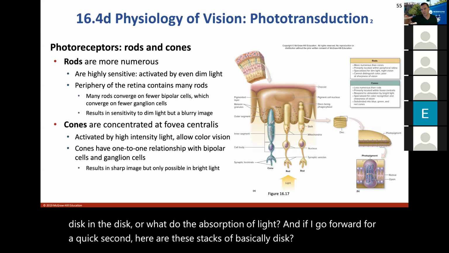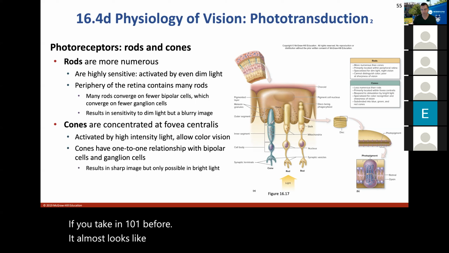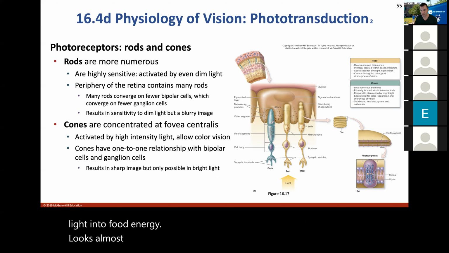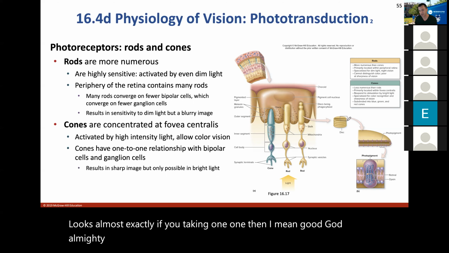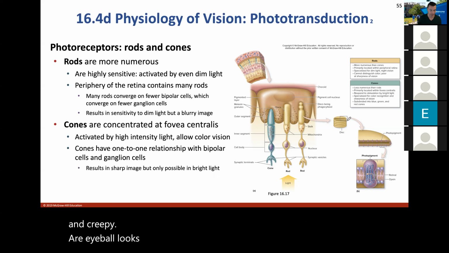If you've taken 101 before, it almost looks like a thylakoid, for photosynthesis and how plants turn light into food energy. It looks exactly like a granum of thylakoid. So it's kind of weird and creepy. Our eyeball looks exactly like what's going on inside of a plant. So you can have that kind of visual.